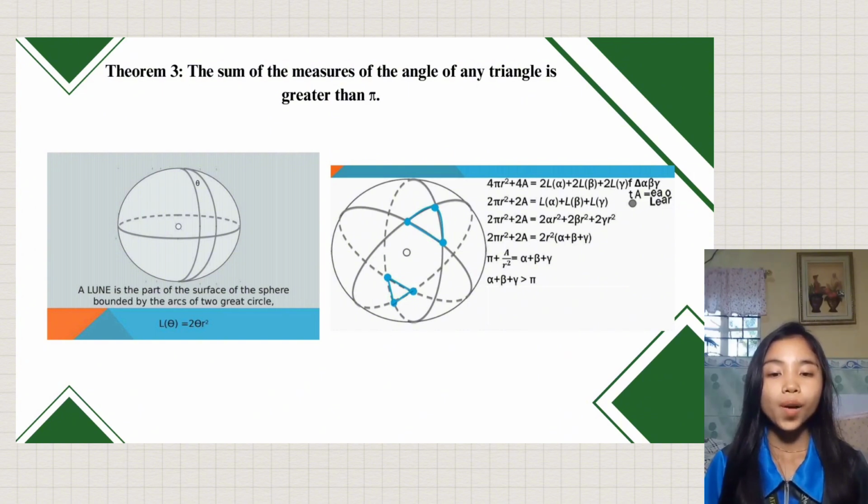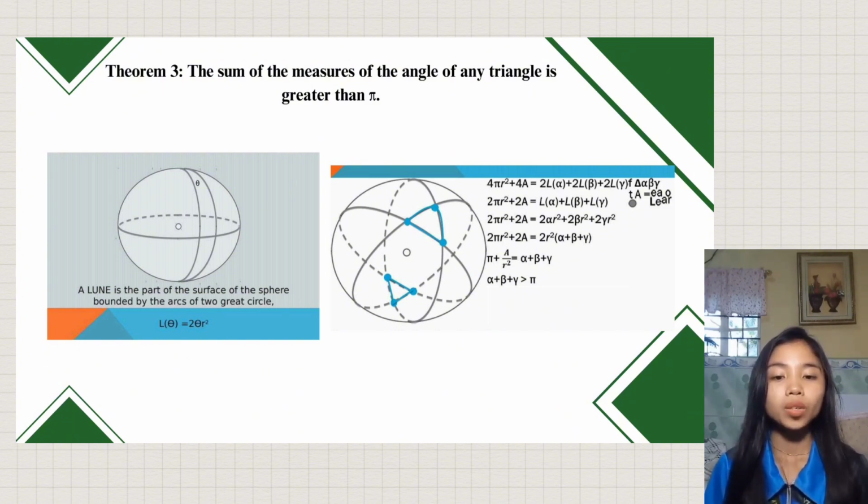So 4 pi r squared plus 4A is equal to 2L times a plus 2L times b plus 2L times y, if triangle ABY has area A. So 2 pi r squared plus 2A is equal to L times a plus L times b plus L times y. So 2 pi r squared plus 2A equals 2a r squared plus 2b r squared plus 2y r squared. So 2 pi r squared plus 2A is equal to 2r squared times (a plus b plus y).